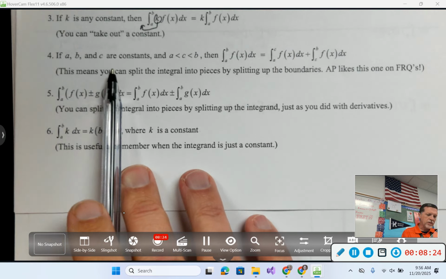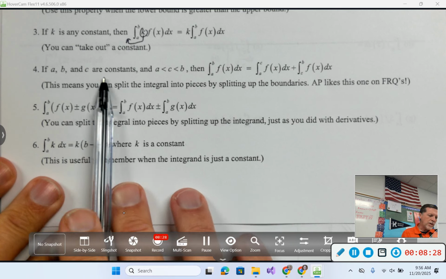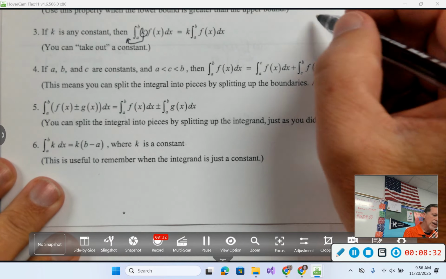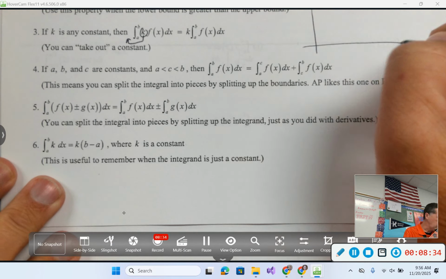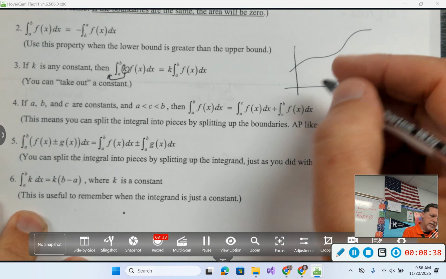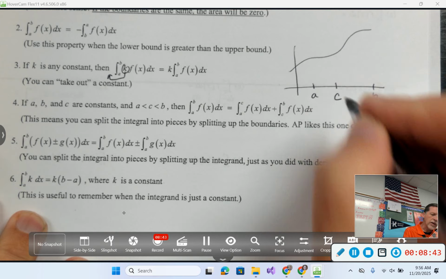Okay, this next one looks confusing, but when we draw a picture, I think it'll make sense. If A, B, and C are constants, and C is in between A and B, draw a little picture here. So A and B, but C is in between there.